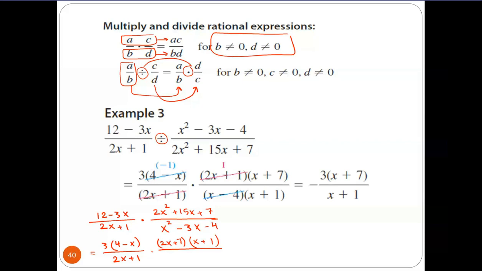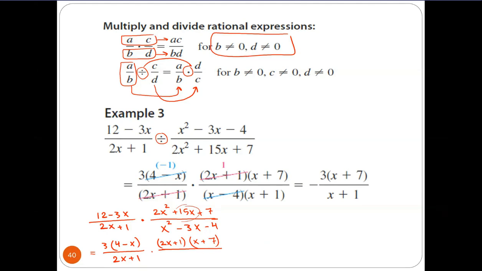Why? After multiplying 2x with 1 we have 2x and 7 with x we have 7x, so the addition equals 9x, not equal 15. So the correct one is plus 1 and here plus 7.